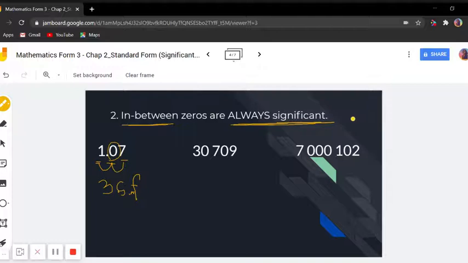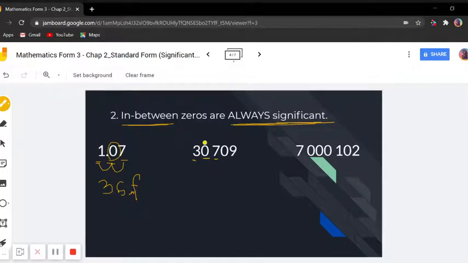Let's look at the second example, 30709. If you look at the second example here, the zeros are located in the middle of non-zero numbers. This zero is located in the middle of 3 and 7. 3 and 7 are non-zero numbers, so this will be considered a significant number.